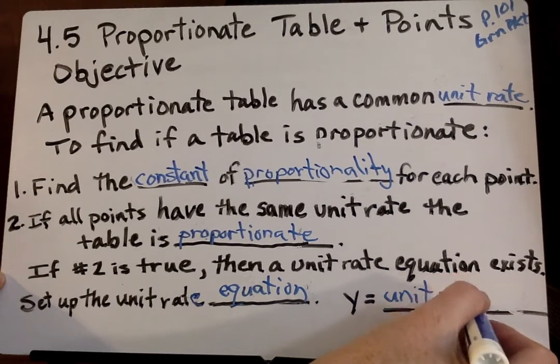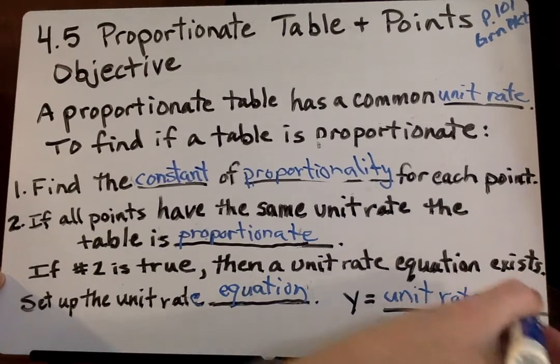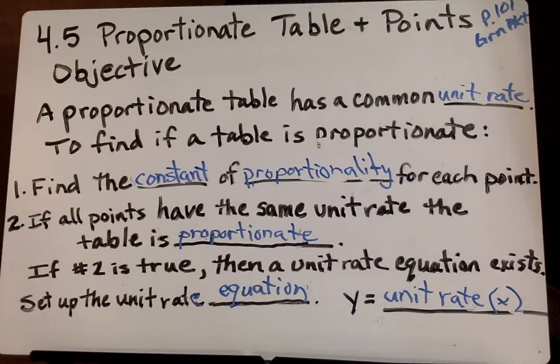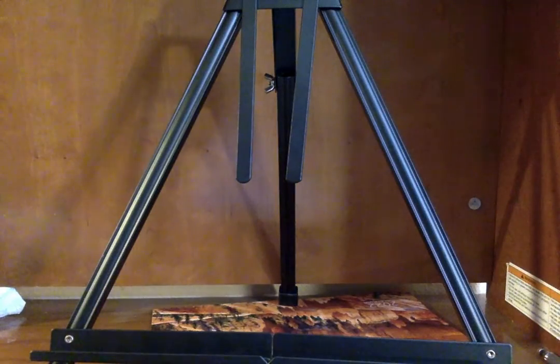So whatever your unit rate is, multiplied by x, and that is your unit rate equation. Next, it says y equals the constant of proportionality times x, or the constant of proportionality is y divided by x. And we'll go on to the next part at the bottom and do a couple of examples.